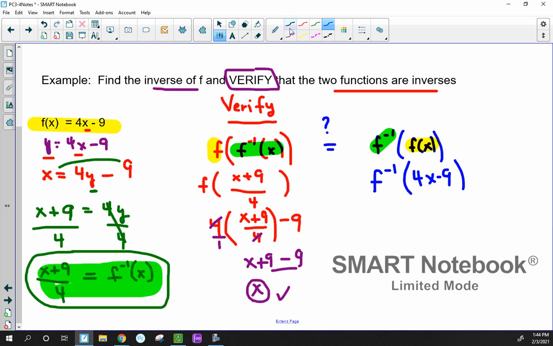We are ready to actually substitute. We're going to go to the inverse function, which is here. Where we see x, we're going to replace it with 4x minus 9. So we're going to draw a big division bar. Here 4 goes on the bottom. Something plus 9, you're going to drop this down as 4x minus 9, and then plus 9.